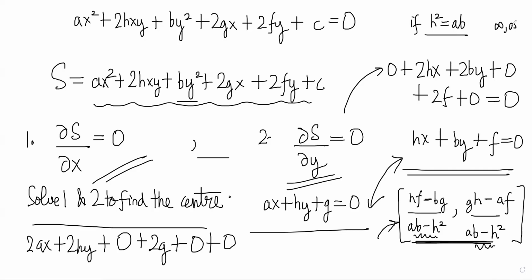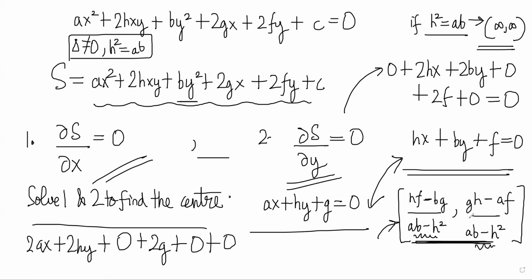So the center's coordinates are at infinity. So h square equal to ab happens in two cases. One case is when it is a non-degenerate conic, when it is a parabola. So if del is not equal to 0 and h square is equal to ab, the curve is a parabola, and we can see now that the center of a parabola will be at infinity.